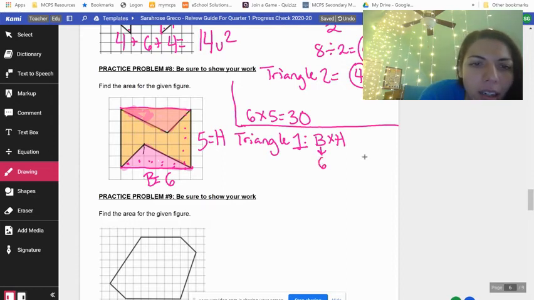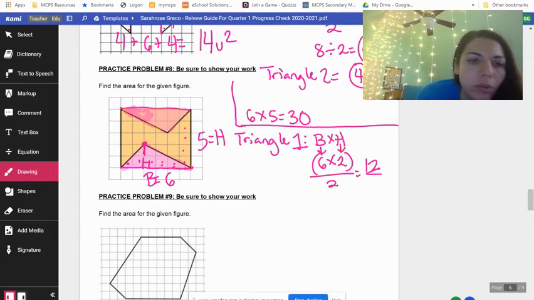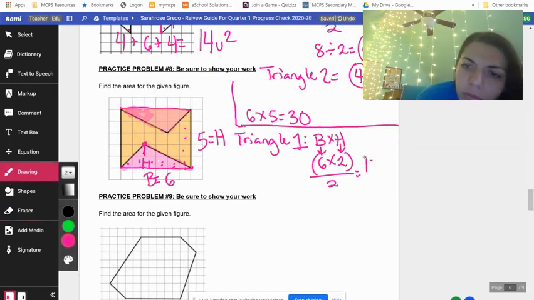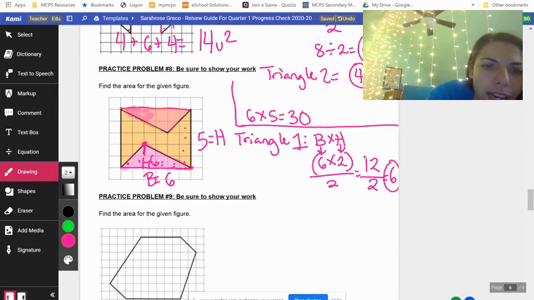The height, we go to this top right here, 1, 2. So my height was 2. Remember, divided by 2. So it's 12. 12 divided by 2 is 6. So 6 is the area for this triangle.